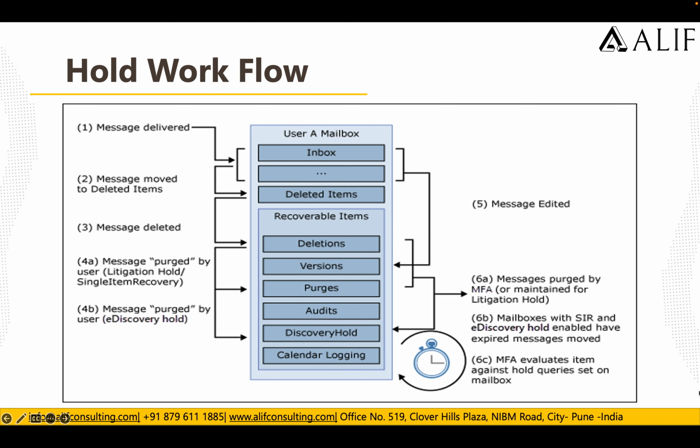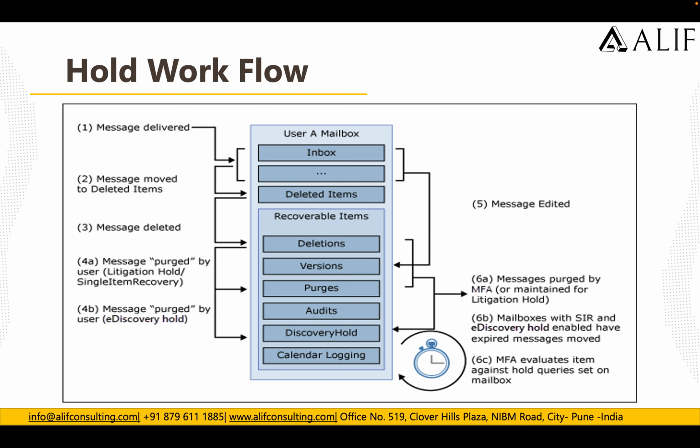The sixth step is the message being processed by the MFA for the litigation hold. So, let's take an example: if the MFA has the information about the litigation hold, or it has litigation hold policies, it's not going to delete the data, because we have applied the litigation hold, right? The next step is that mailboxes with SIR and eDiscovery hold enabled have expired messages moved, right?